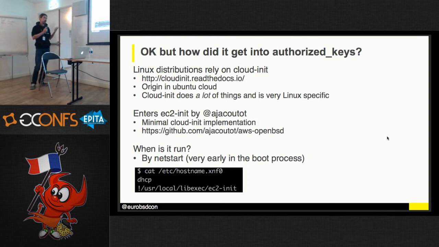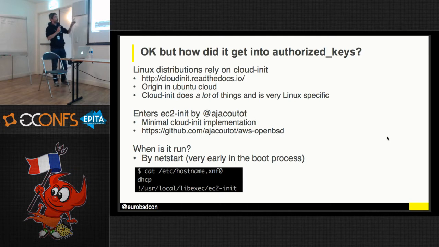Almost all the ones I know now use cloud-init. Cloud-init does a lot of things, but it's a very big piece of software in Python, and is very Linux specific. So in order to have a minimal cloud-init implementation, Antoine wrote ec2-init, and you can access the repository here.